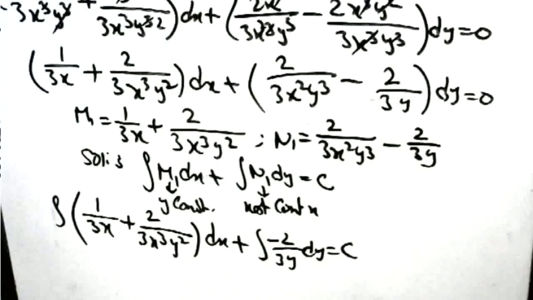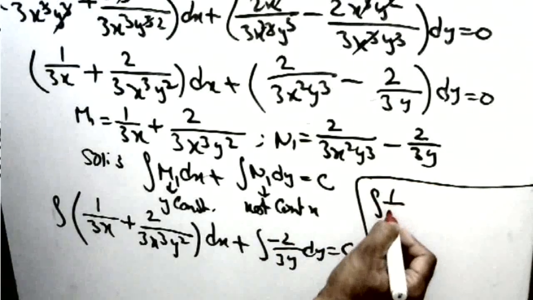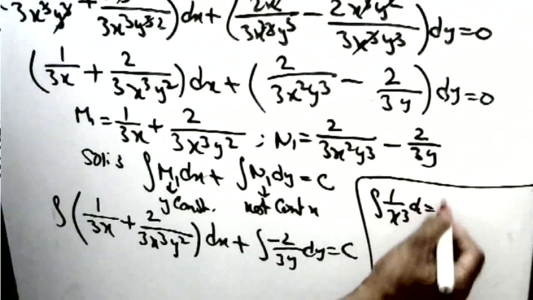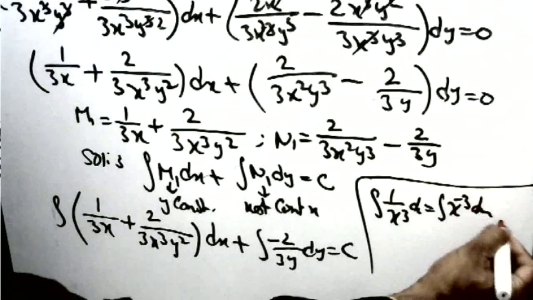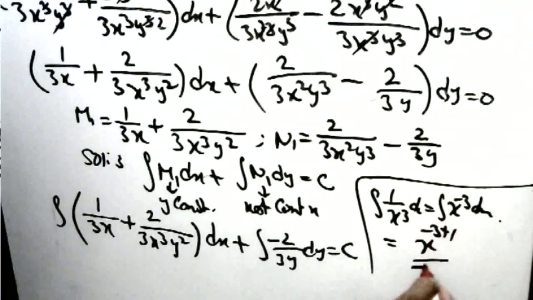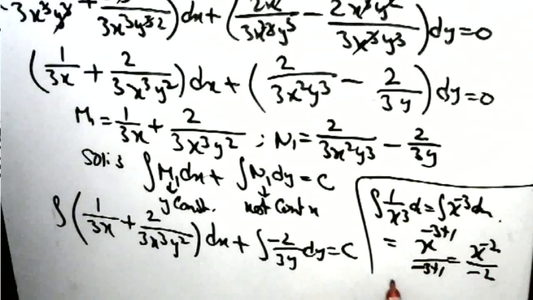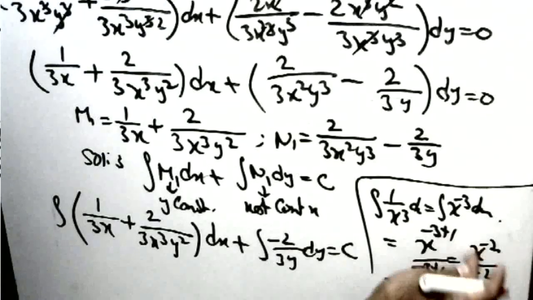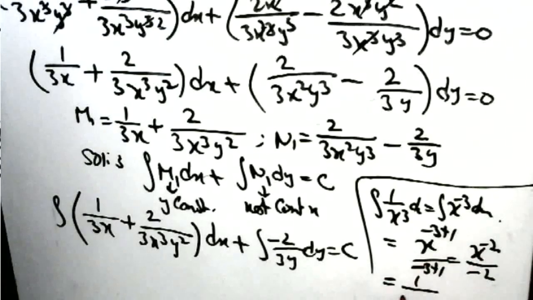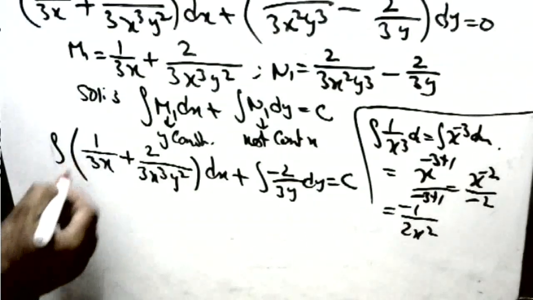There is one thing to understand here, how to integrate. Integration of 1 by x cube: bring it up to the numerator, it becomes x power minus 3. Integral of x power n is x power n plus 1 by n plus 1, so it will be x power minus 2 by minus 2, which becomes minus 1 by 2x square.